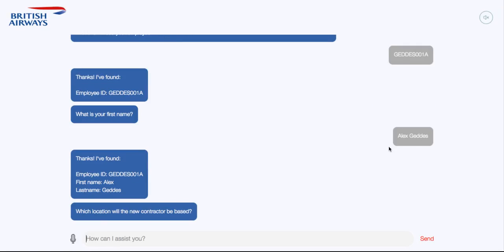It's understanding that it's my first and last name together in one. When I'm asked what my first name is, I decide to skip ahead one, and it just inputted that data there.